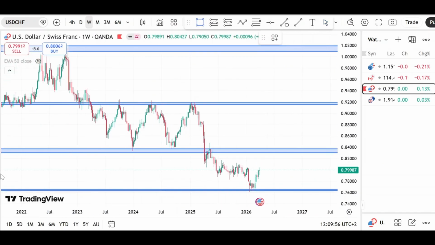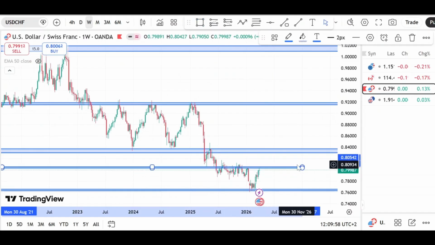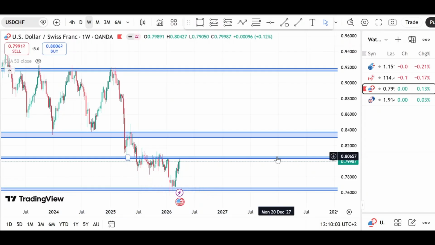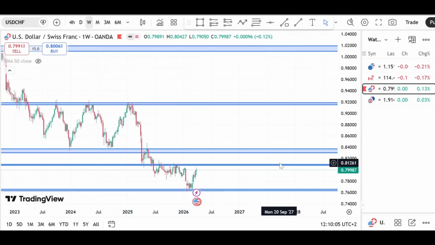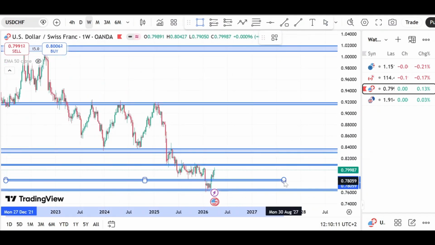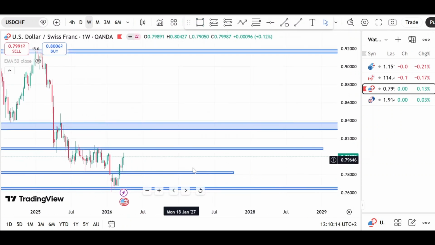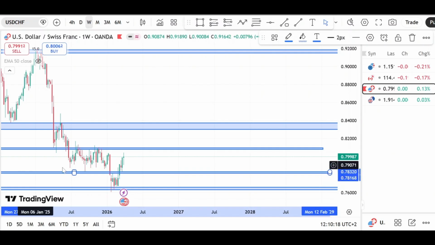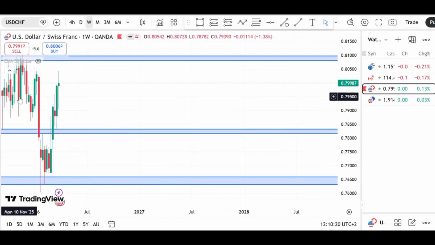As you can see here, now we are in a very clear uptrend on the weekly structure, because we are going to retest up there.